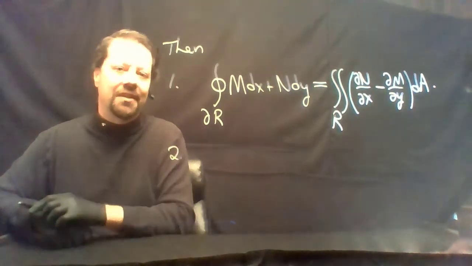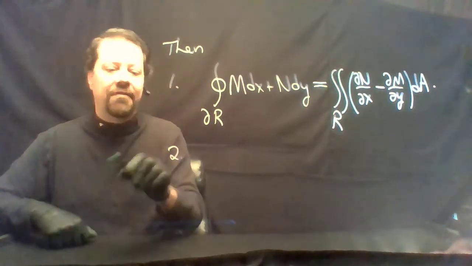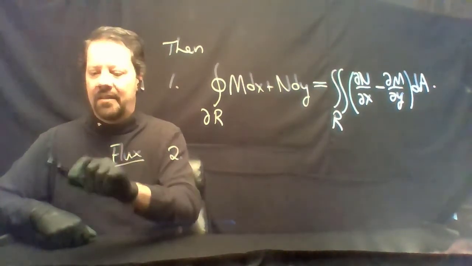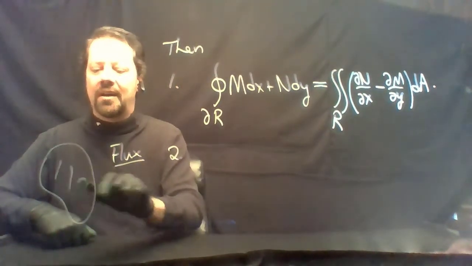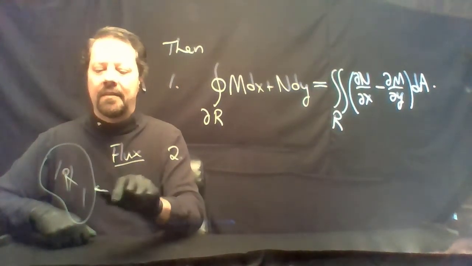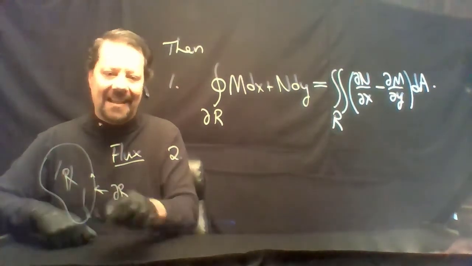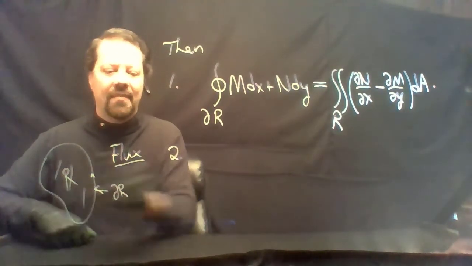The second version of Green's theorem is the flux version. Remember, you have your little region R. The boundary is this curve which we're orienting in a counterclockwise fashion.